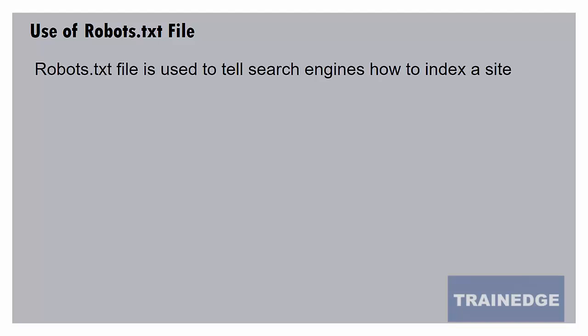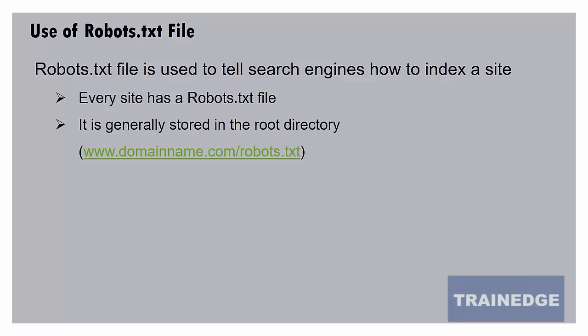So every site must have a robots.txt file because that file will tell robots what to do on the site. Normally, we keep this file in the root directory, meaning in the same folder where our root domain or the website exists.